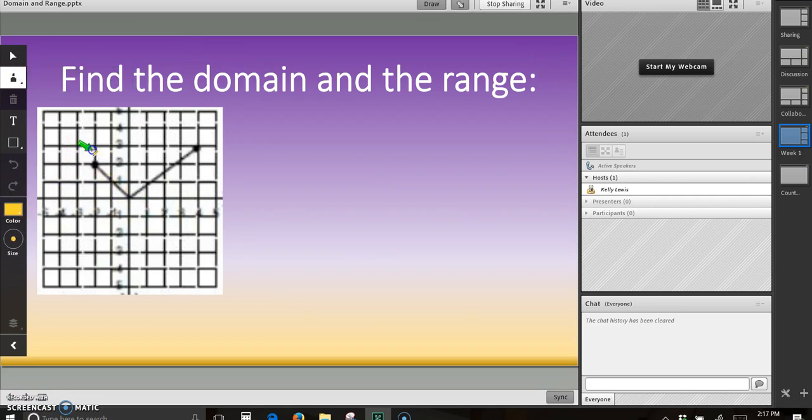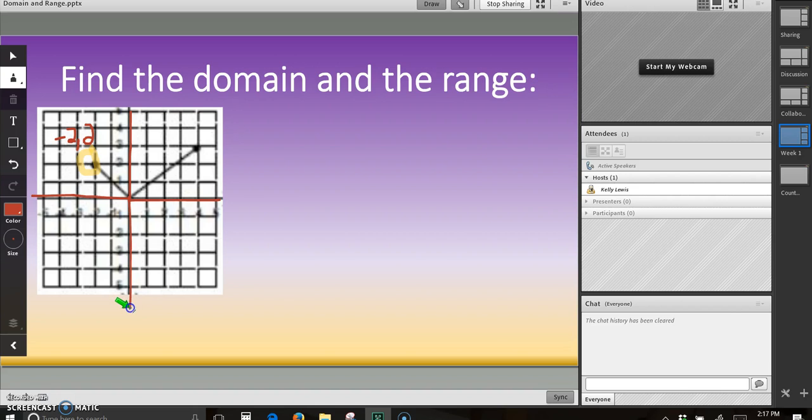Domain. The left is right here, and that x value, -1, -2. So that's -2. Let me write these things. -2. I think this is 3, 8.